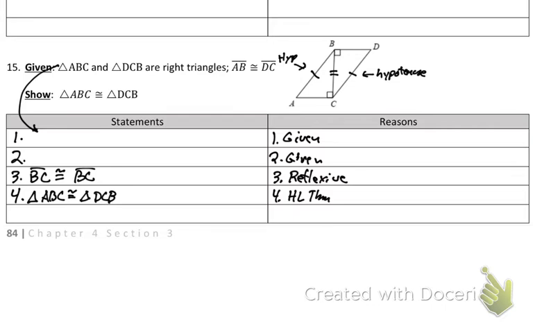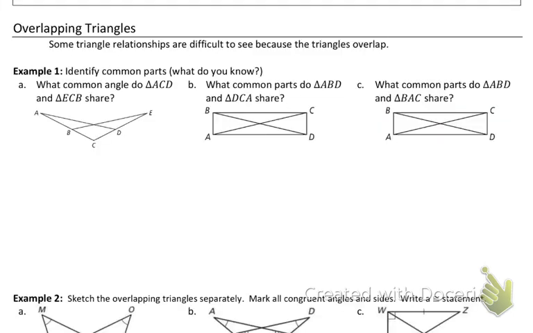We use reflexive to say they're right next to each other, they share this side. Now we're going to talk about triangles that might share an entire angle. So if we look at this first one, it says, what common angle do ACB and ECB have?